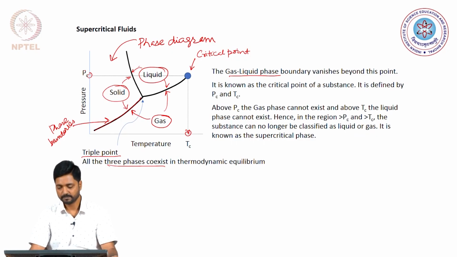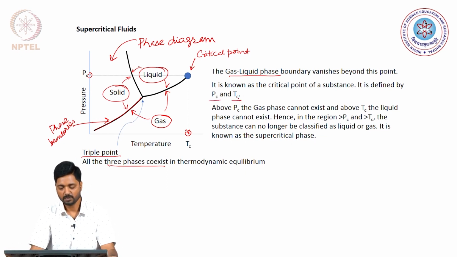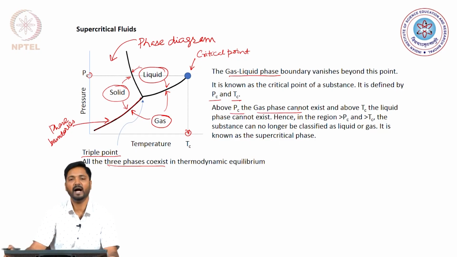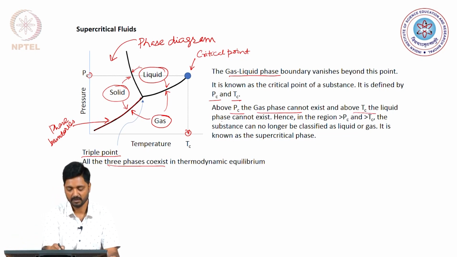So, the critical pressure Pc and the critical temperature Tc sort of tell us the values beyond which our substance will be undergoing a supercritical phase transition, and above the critical pressure, because of the higher pressure, the gas phase cannot exist, and above the critical temperature, the liquid phase cannot exist.